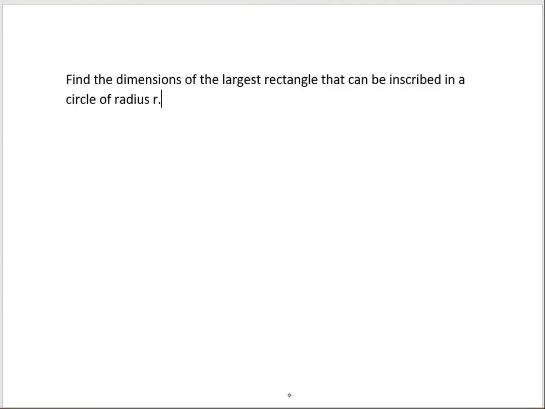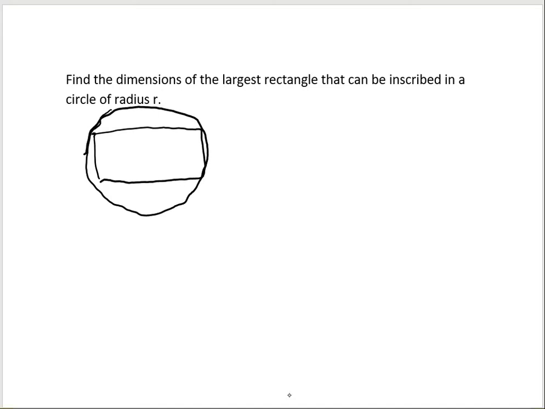Now let's move on to another one that is going to be geometric in nature. Find the dimensions of the largest rectangle that can be inscribed in a circle of radius r. So remember, you may or may not remember, but the idea behind inscribing a rectangle is I have a rectangle and I have a circle such that if you look at this point right here, the corner, that is touching the outside of the circle.